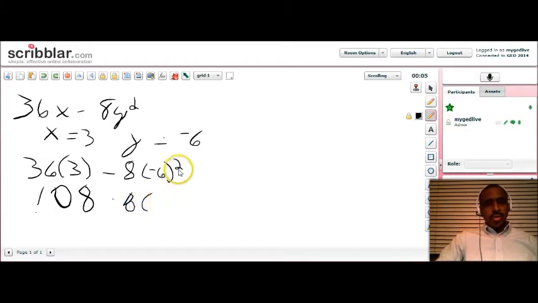So negative 6 squared is a negative 6 times a negative 6, and we know a negative times a negative is a positive. So that's going to give us 36. But we still have that minus sign there, so 8 times 36 gives us minus 288, and 108 minus that gives us minus 180.